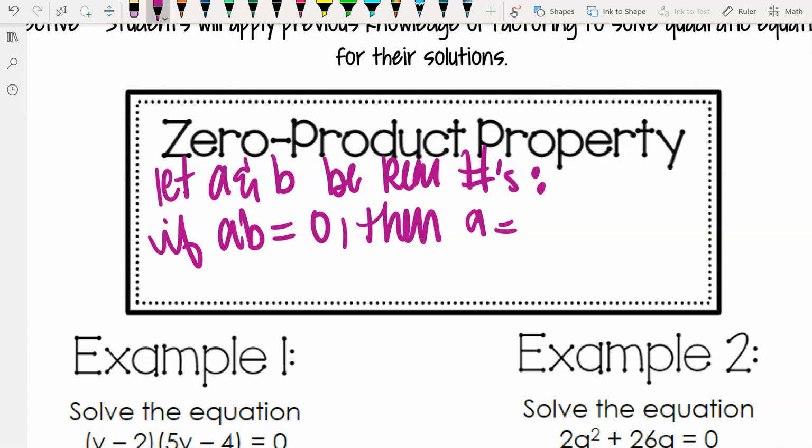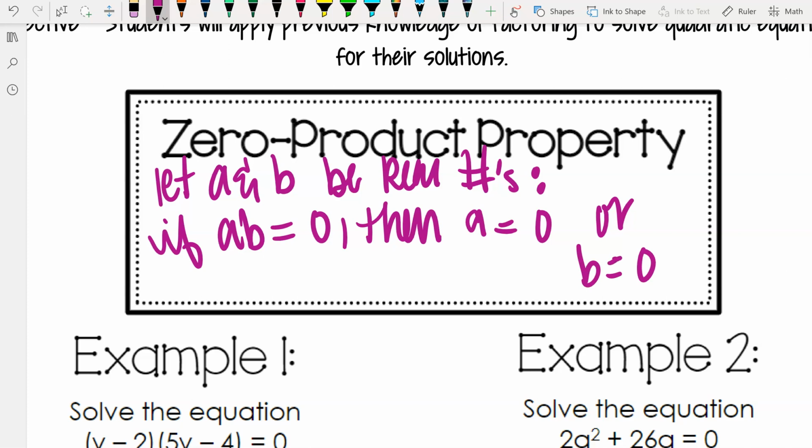So it's either a is equal to 0 or b is equal to 0. I mean, it's possible they both could be 0, but we're really looking for a or b, either or, so two different solutions. Okay, so a equal to 0 or b equal to 0.